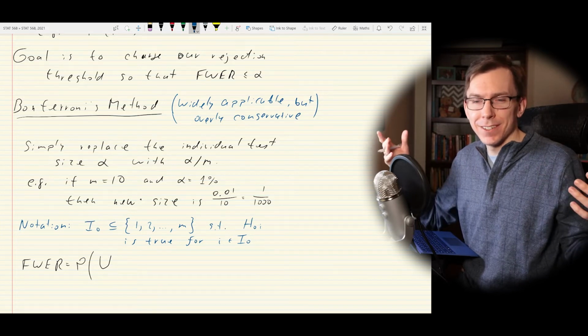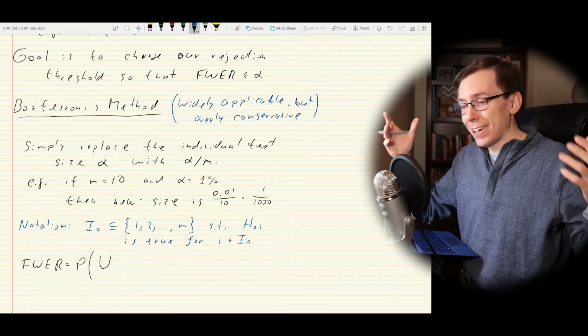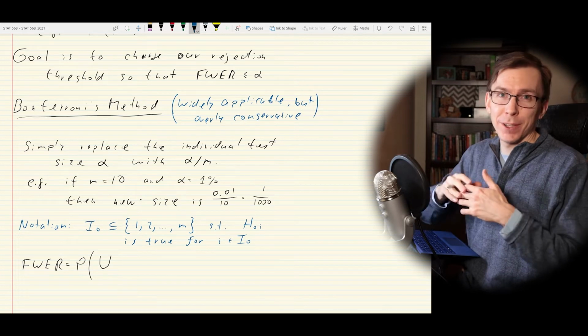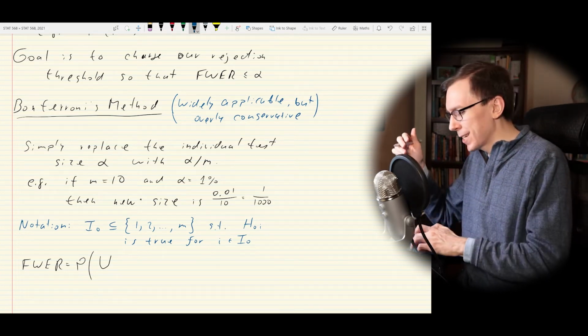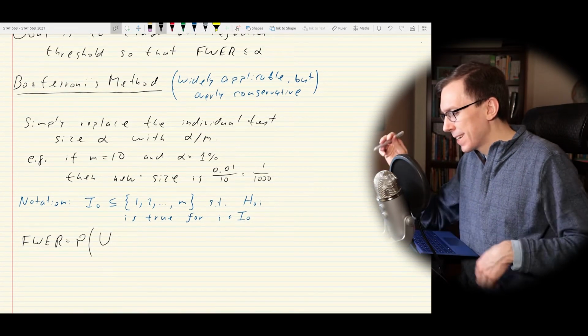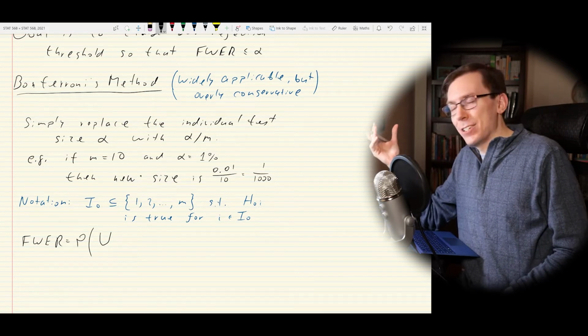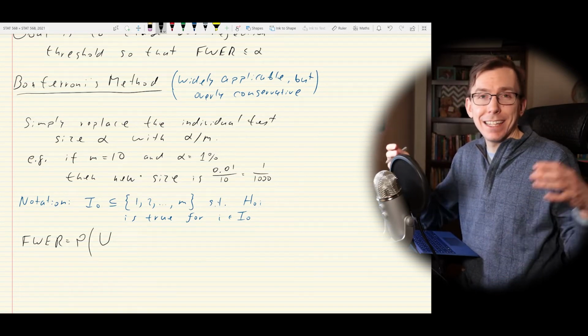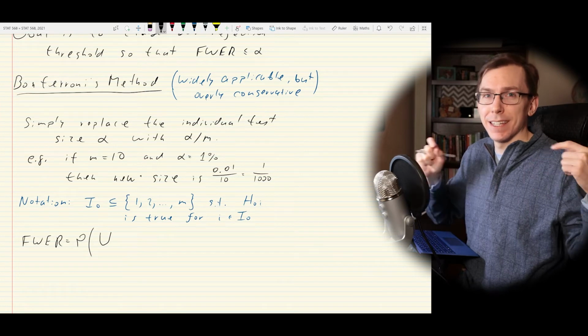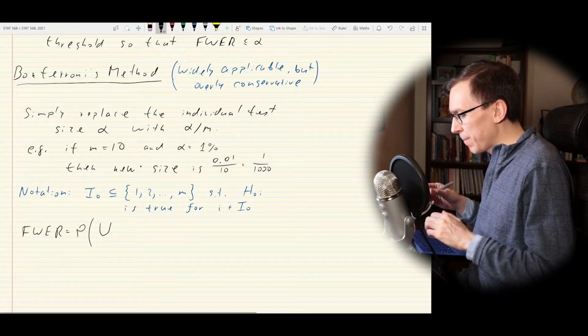So it could be empty. Maybe none of the nulls are true. It could be the entire collection of m hypothesis tests. Maybe they're all true. There's absolutely nothing interesting going on here in our experiments. Whatever it is, it's just sort of a mathematical notation saying these are the indices that correspond to the null hypotheses that are true.